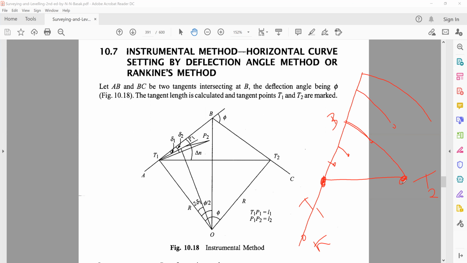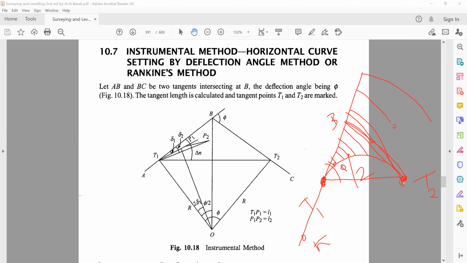How much would this angle be? If you remember the diagram for a simple circular curve, this would be equal to delta by 2. That means your last deflection angle would be equal to delta by 2 when you lay out the curve. So basically what we're doing is finding out deflection angles from the same tangent to different points on the curve. And that is how we locate.